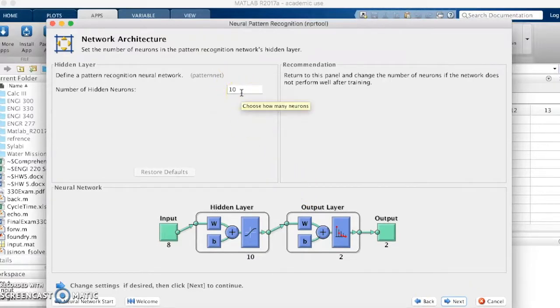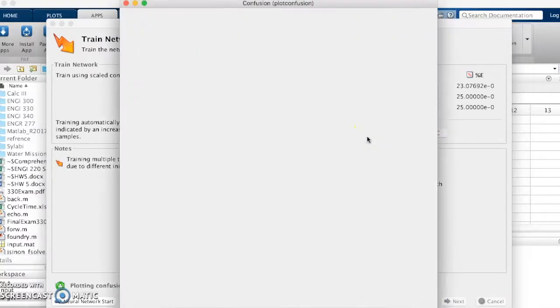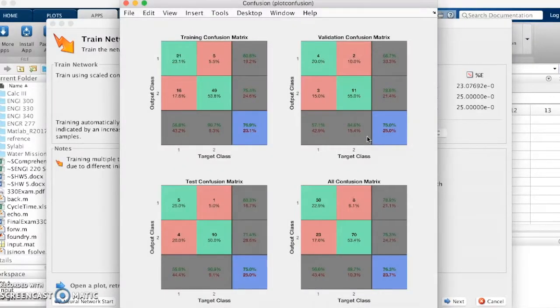We have previously found that using 3 hidden neurons gives us the best possible results. After training the data, you can see here that the neural network has about a 76.3% chance of predicting the output accurately.